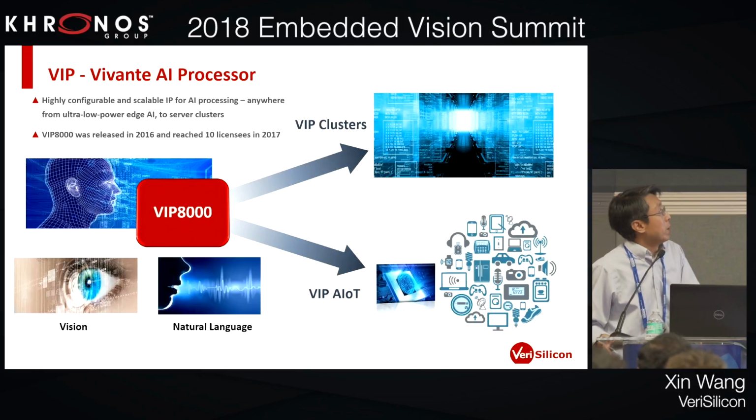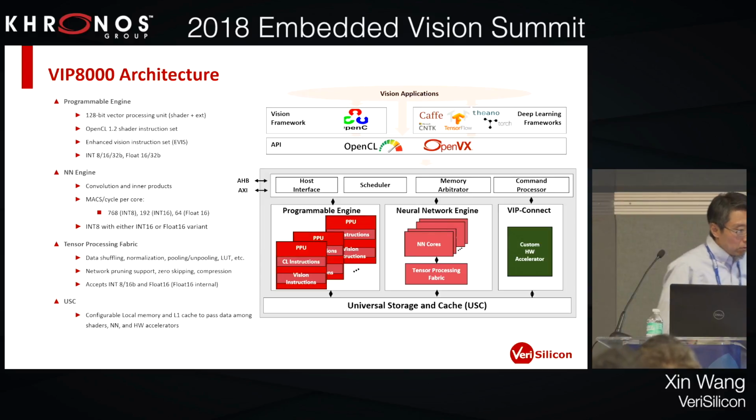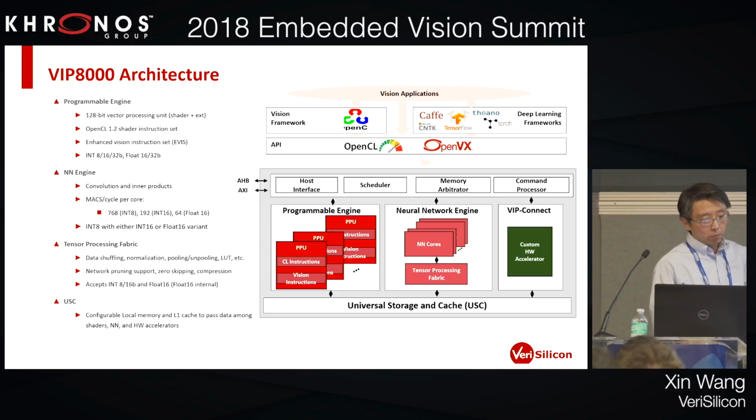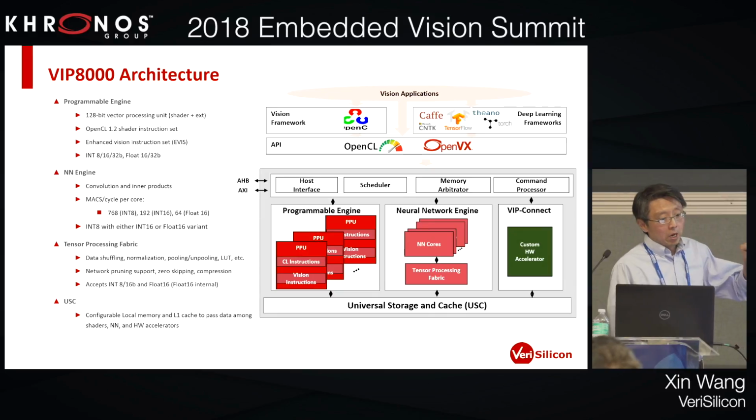It's quite beyond. So this is a basic introduction about the company and the product. Now about the VIP architecture. Basically, it has two founding blocks. One is software, and the other one is hardware. We started from 2014.